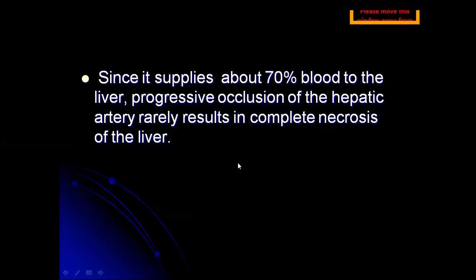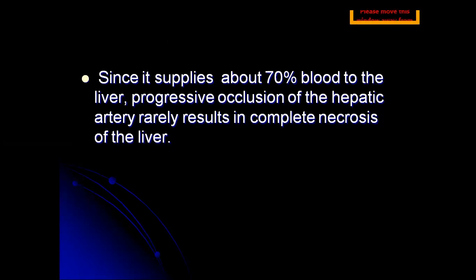Since the portal vein supplies about 70% of blood to the liver, progressive occlusion of the hepatic artery rarely results in complete necrosis of the liver. That means it's a very good gift we are having, because even if the hepatic artery is blocked, the liver is still not suffering any necrosis.